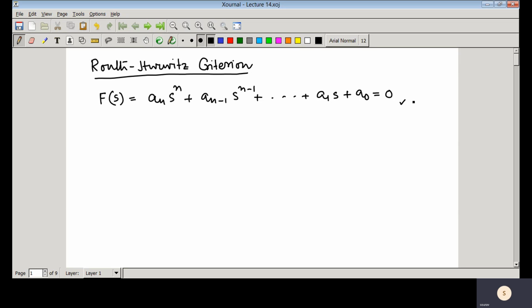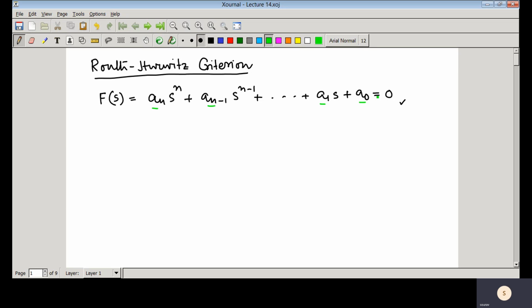We have seen two necessary conditions. All the coefficients should have the same sign, and no coefficient should be absent in this polynomial.